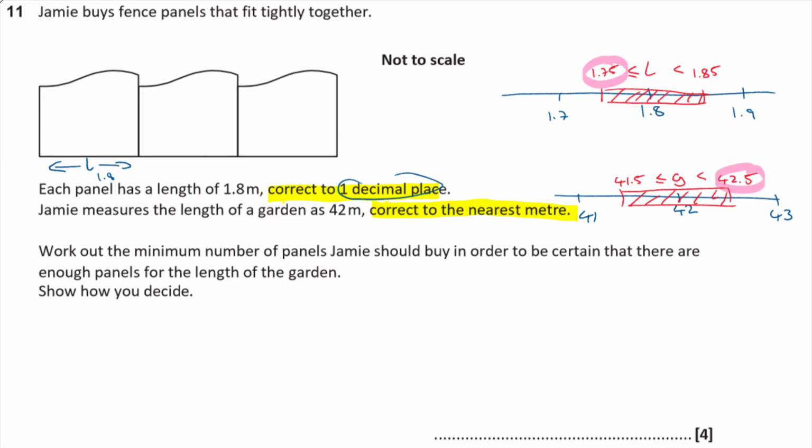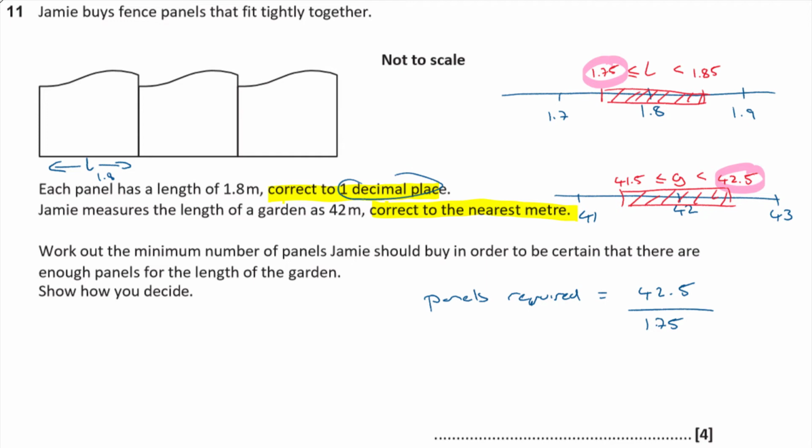So panels required is going to be my upper bound for the garden, which is 42.5, divided by my lower bound for the panels, 1.75.